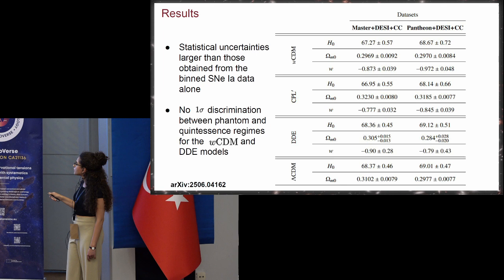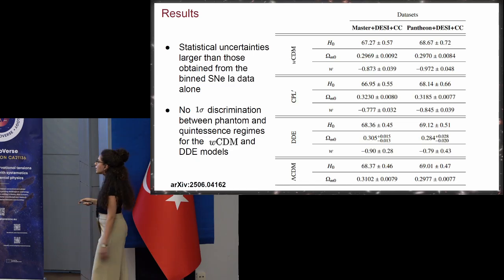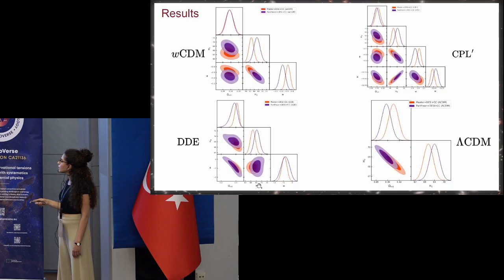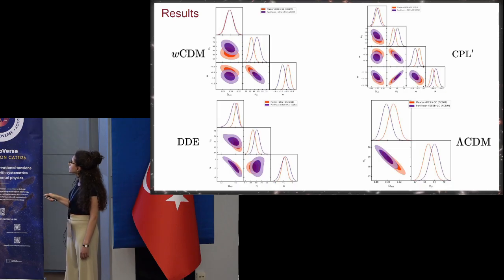What we got is that the statistical uncertainties on the w parameter are much larger compared to those obtained in the binned case of supernovae. And we can see also that in some cases we don't have a discrimination at 1 sigma between phantom and quintessence dark energy. So these are the contour plots of the results.